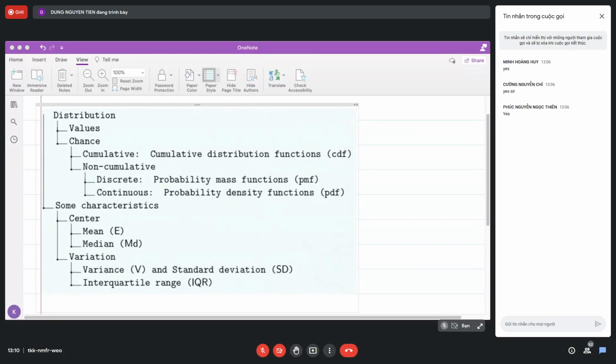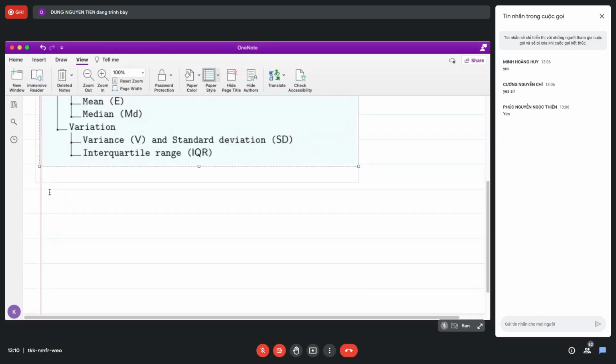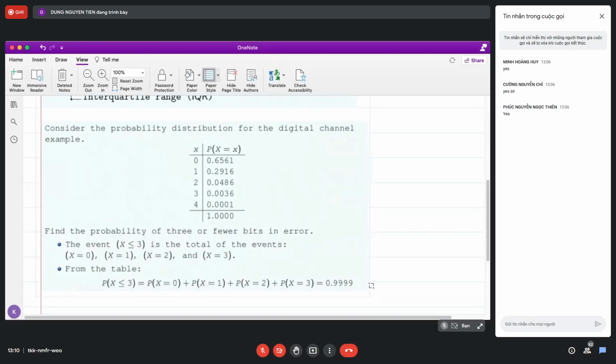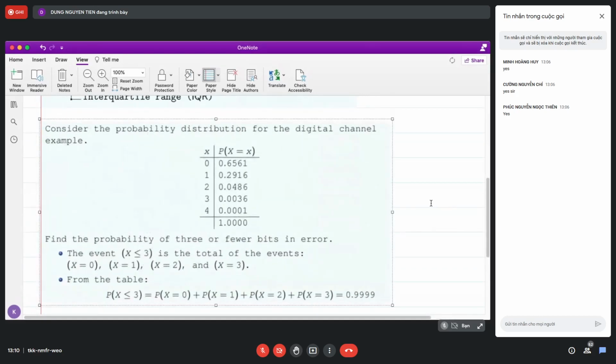I will start with the following example. Suppose that x is the number of bits received in error when you transmit 4 bits.